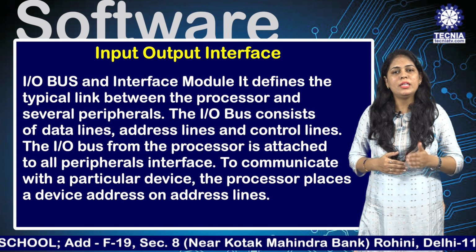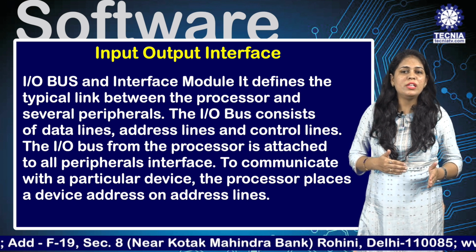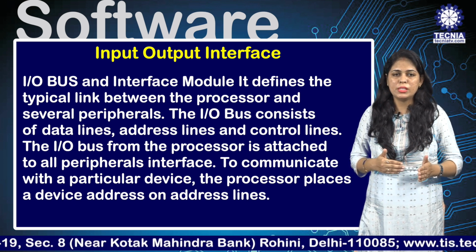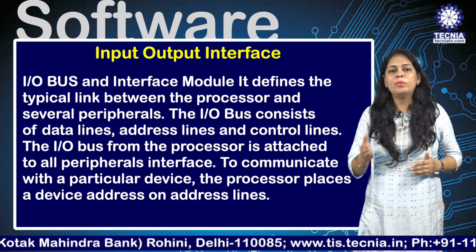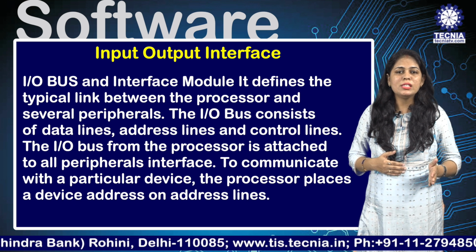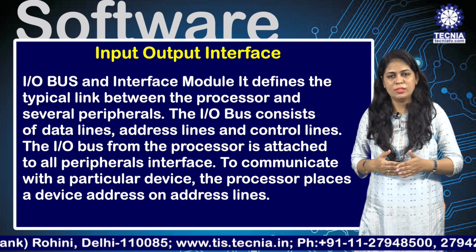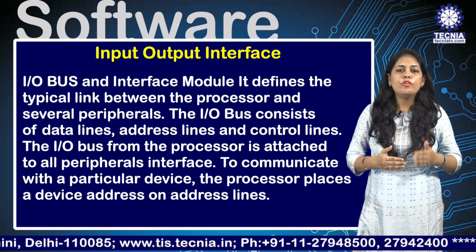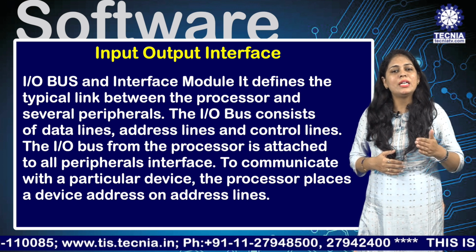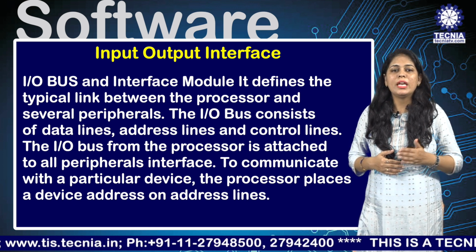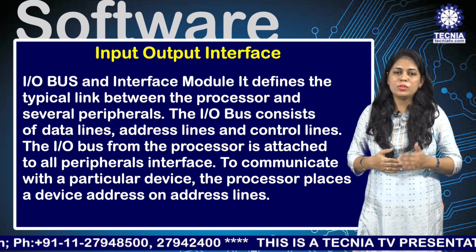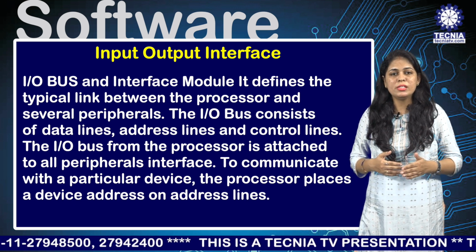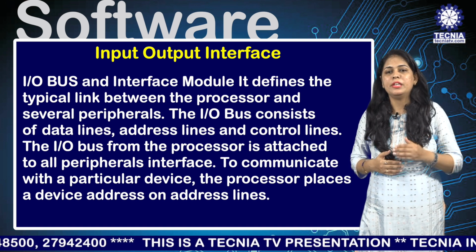Next is the input-output bus and interface module. It defines the typical link between the processor and several peripherals. The input-output bus consists of data lines, address lines and control lines. The input-output bus from the processor is attached to all peripheral interfaces. To communicate with a particular device, the processor places a device address on the address lines.